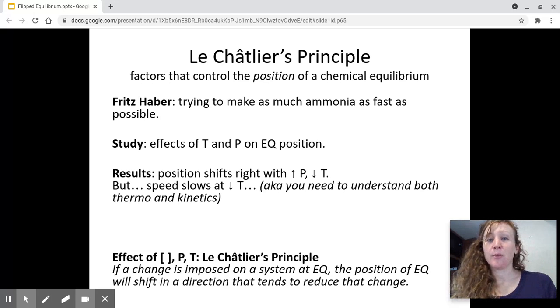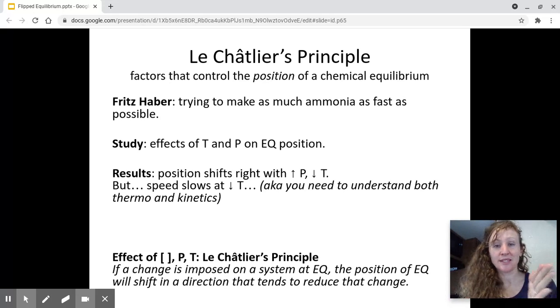Again, we're not necessarily changing the K, but we're changing that ratio, which I guess would be changing the K. So it's going to control the positions of that chemical equilibrium. Instead of having a small amount of products and a large amount of reactants, can we actually push that so that we get more products and less reactants at equilibrium?